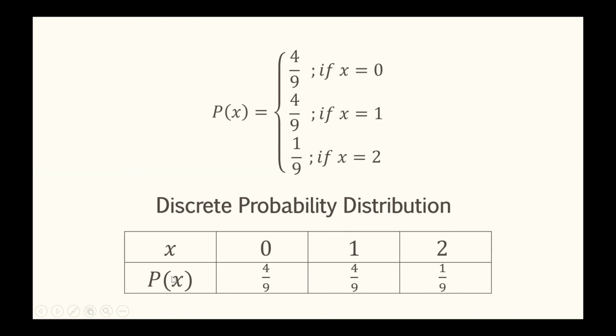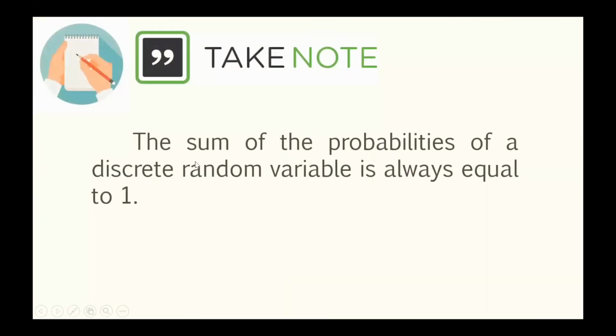If we add all the probabilities, that should always be equal to 1. So 4 over 9 plus 4 over 9 plus 1 over 9 is equal to 9 over 9, which is equal to 1. Therefore, it is true that the sum of the probabilities of a discrete random variable is always equal to 1.